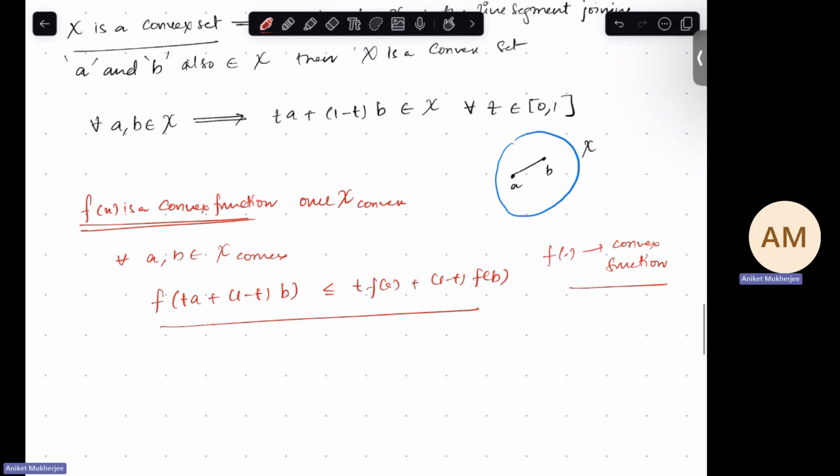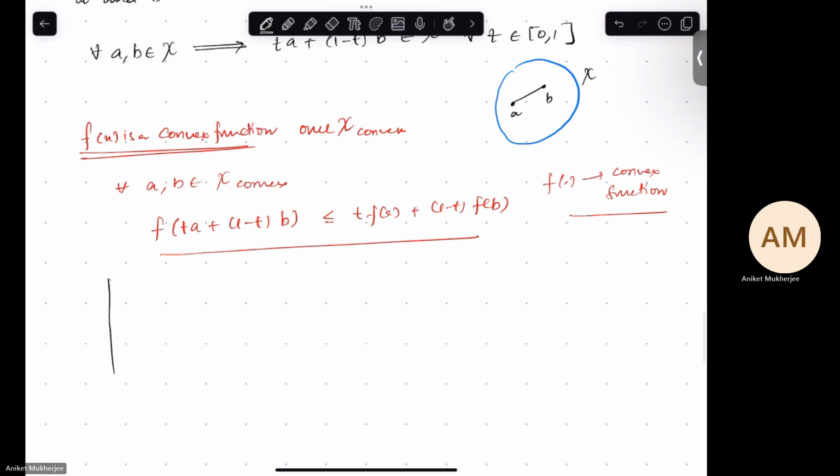Basically, you have A, B, two points. Let your x coordinates be just the positive reals. If it is positive, then it's a convex set. It doesn't matter.